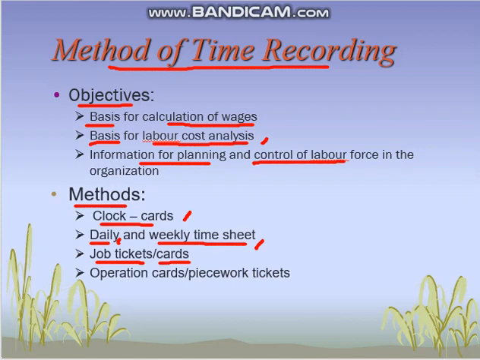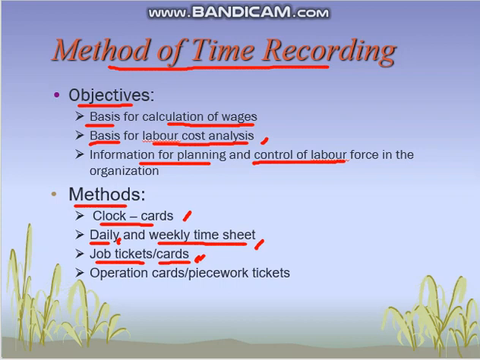Here, let me give you an example. For example, the workers would like to do the house renovation for Mr. A. The house renovation will take 3 months, so they have to record this job ticket or job card for 3 months, and they have to do it regularly.